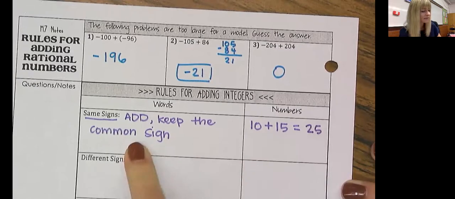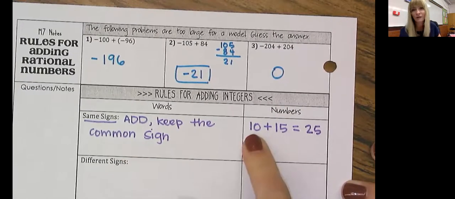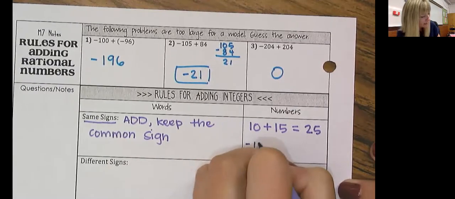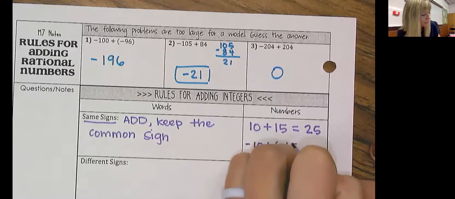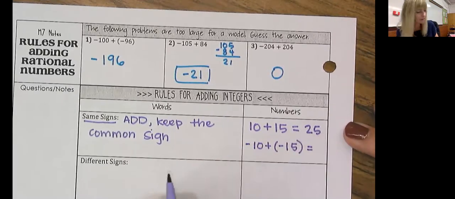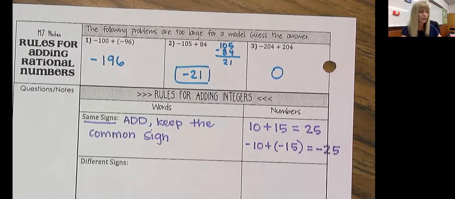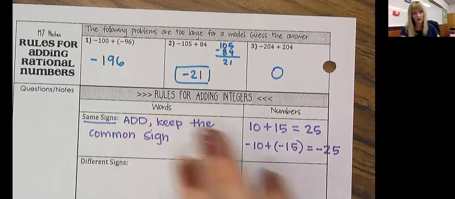Now, the keep the common sign means if you started with 2 positives, your answer is still positive, okay? So same signs add, keep the common sign. Now, of course, if I change these both to negative, the keep the common sign means now my answer is a negative 25.